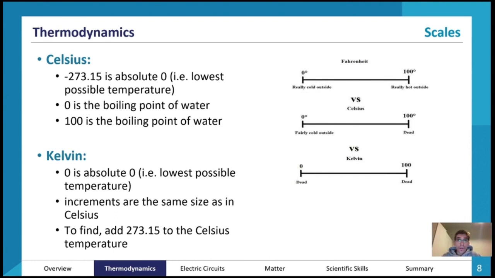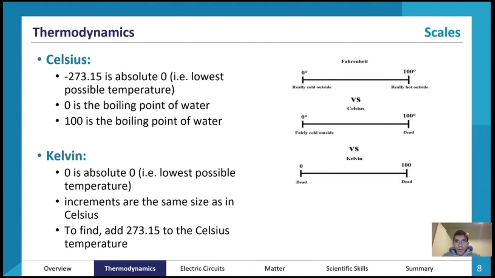Now, Fahrenheit obviously measures things between 0 to 100 degrees, or even negative, but the thing with Fahrenheit is that 0 means things are really cold and 100 means they are really hot, which kind of makes sense intuitively at first, but not always. There is also Celsius, where 0 degrees is fairly cold outside and 100 degrees is essentially you're gonna be dead.